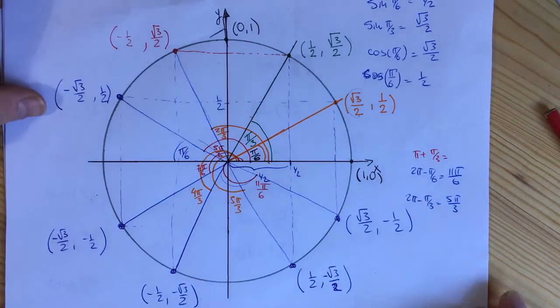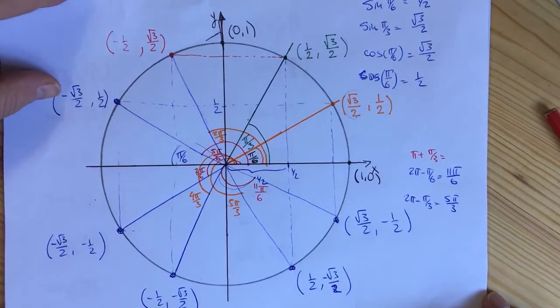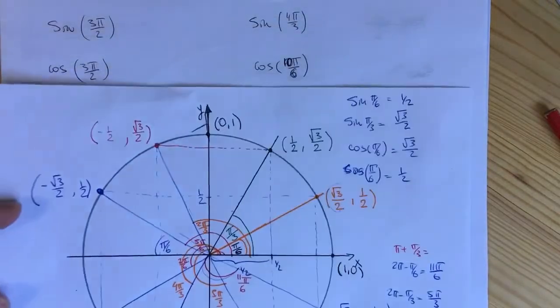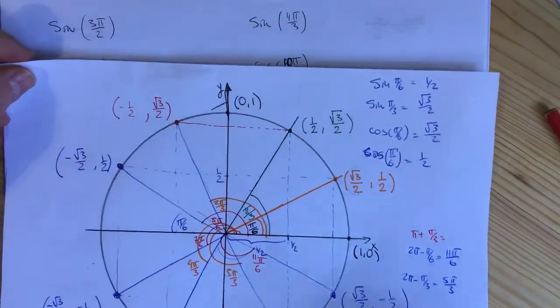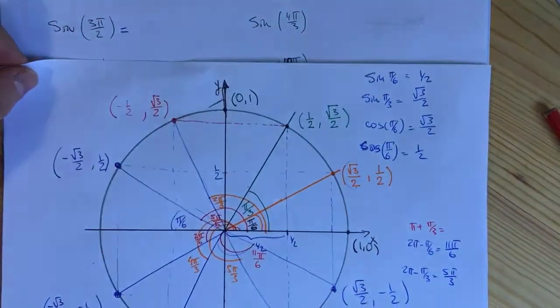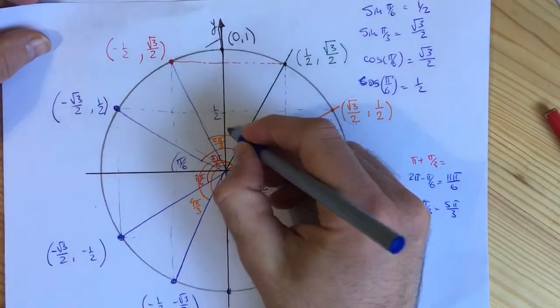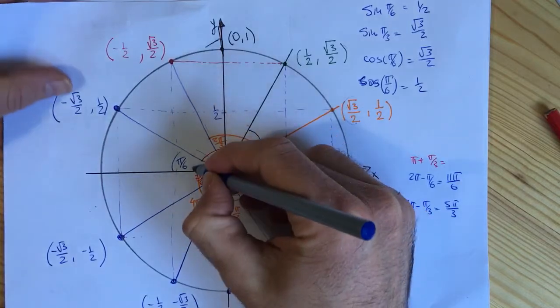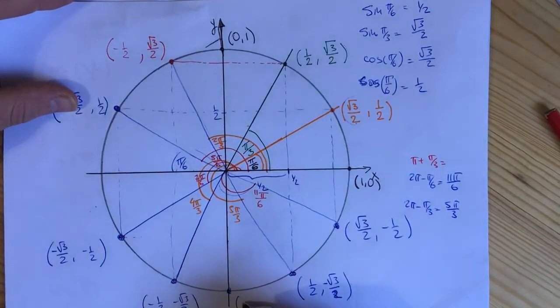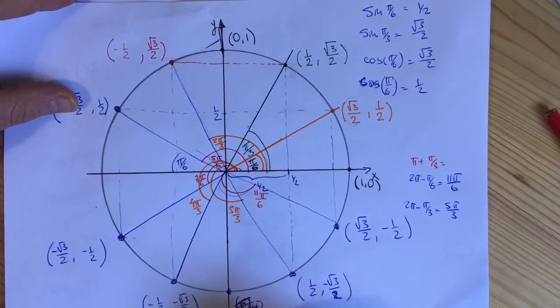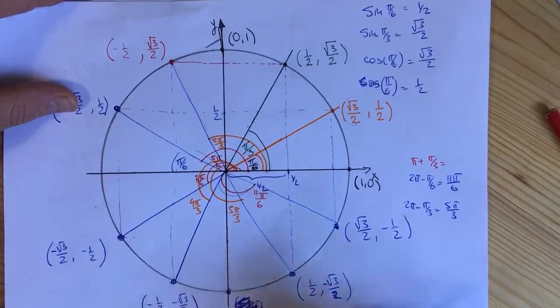Okay, so let us do a few problems with these angles. For example, evaluate how much is sine of 3 pi over 2. Well, 3 pi over 2 is this point right here. So if this is pi over 2, 2 pi over 2, 3 pi over 2, the coordinates of this point are 0, my bad, 0 and negative 1, right?